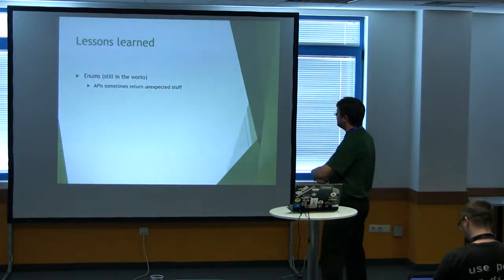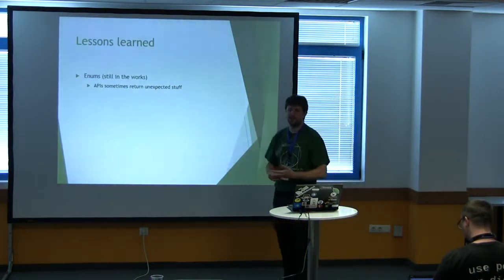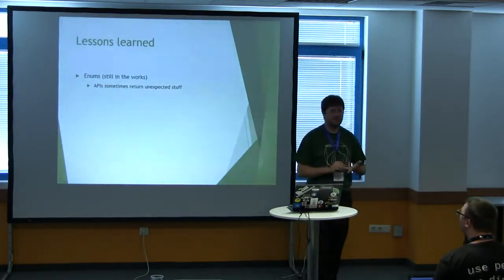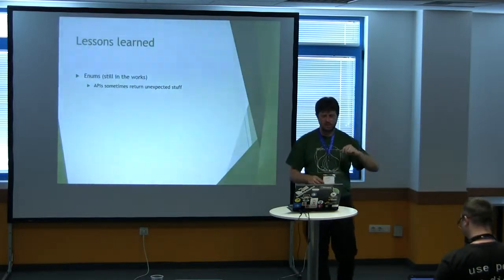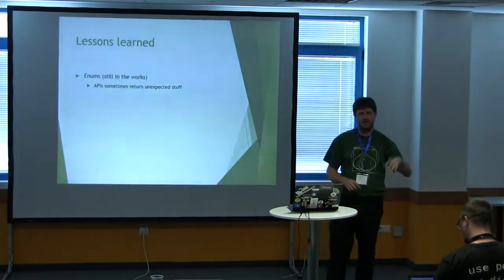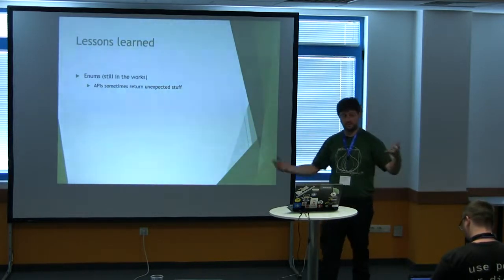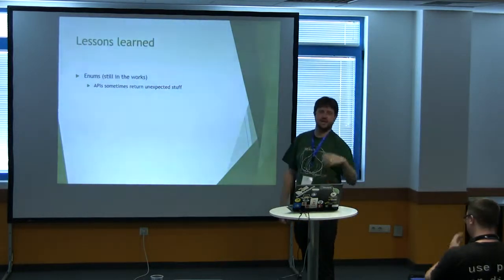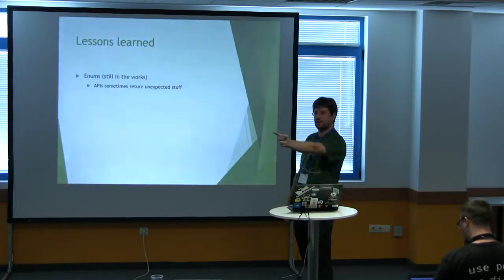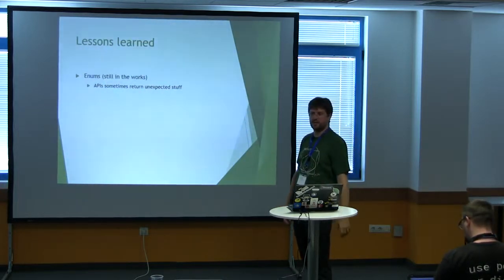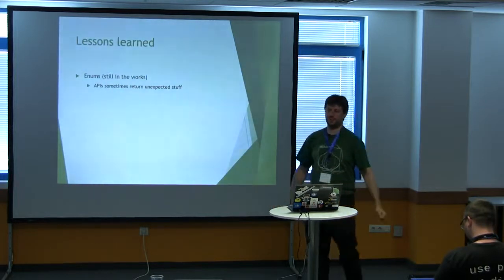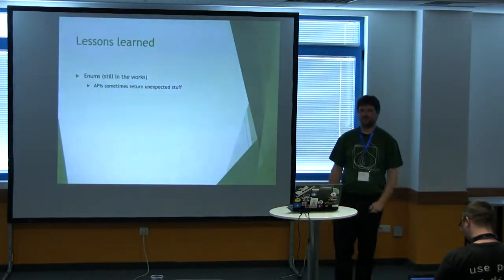Another thing that I learned the hard way is enums. When they say this can return a list of values from the API, and you say, okay, I'll validate that the API is returning me these series of values, your code blows up one day because the API changes its behavior.